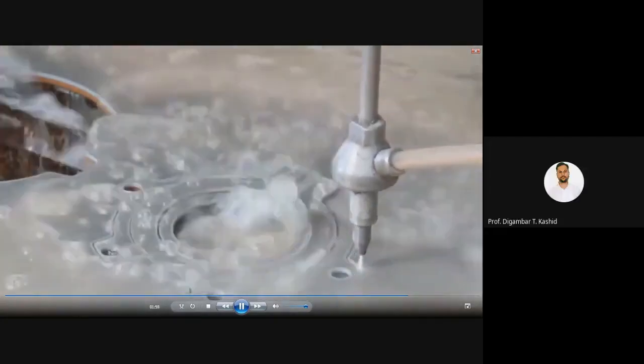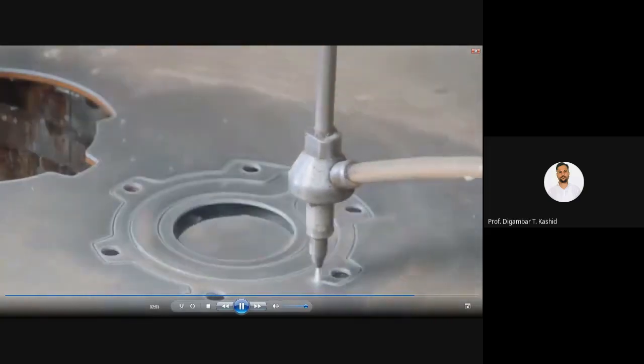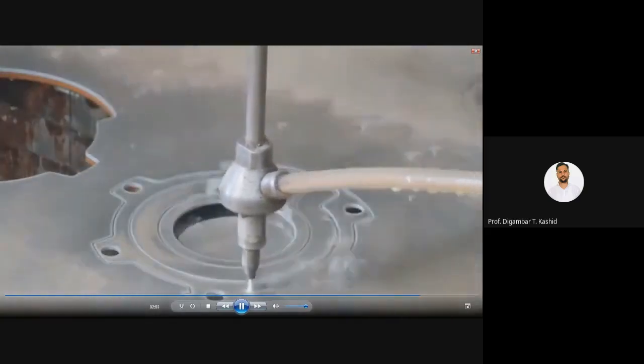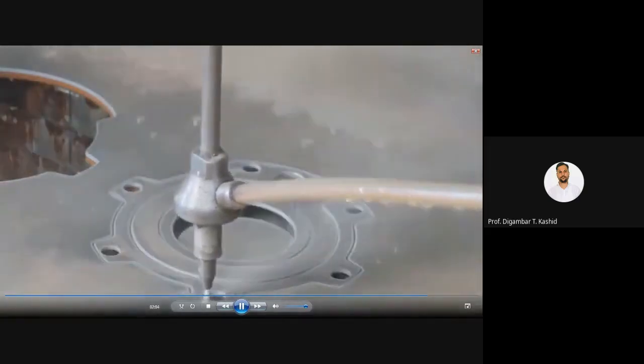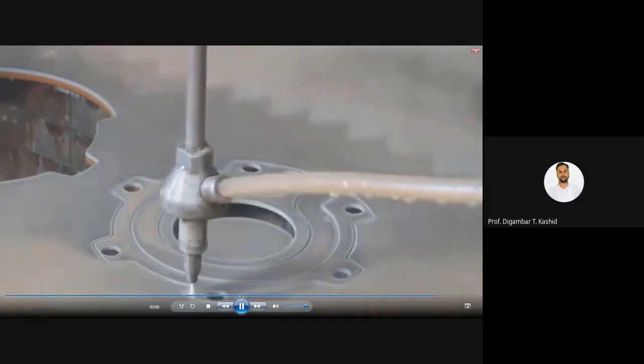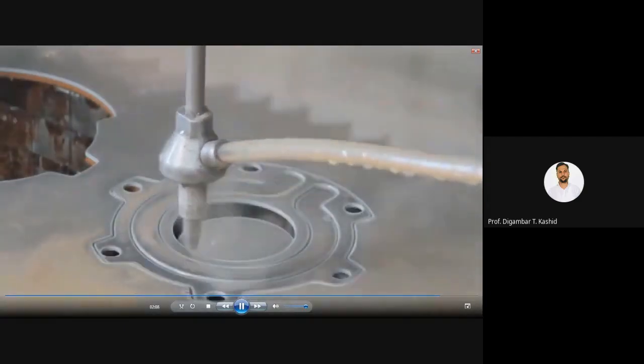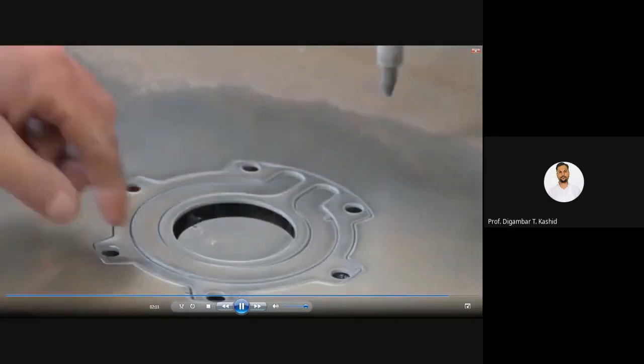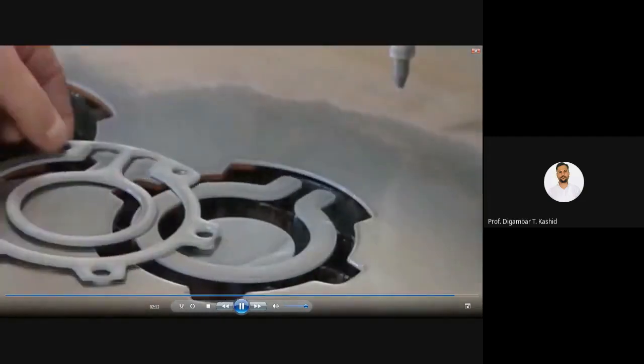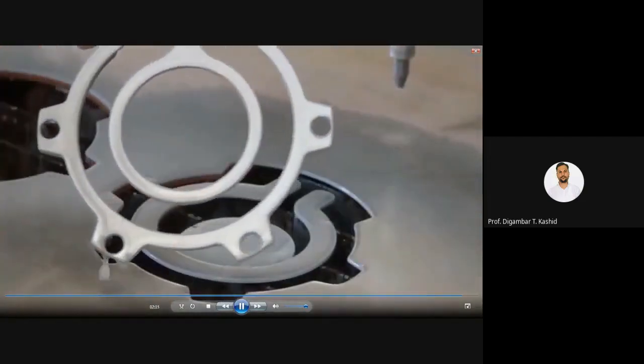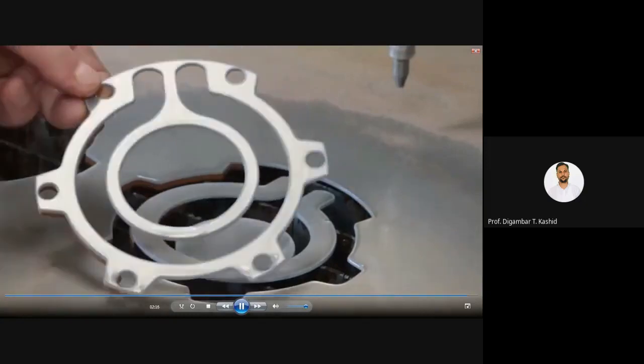Now see how the component is produced using this abrasive jet machine. In this video they are showing the nozzle part as the machined component, the workpiece surface. See, this is the final produced or machined component.